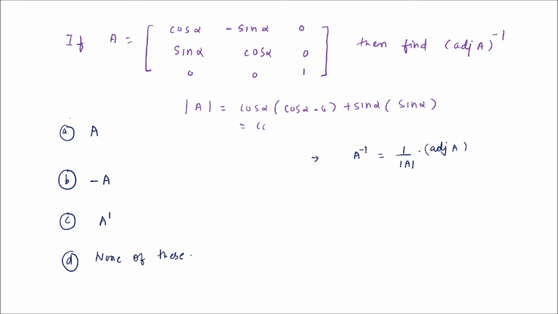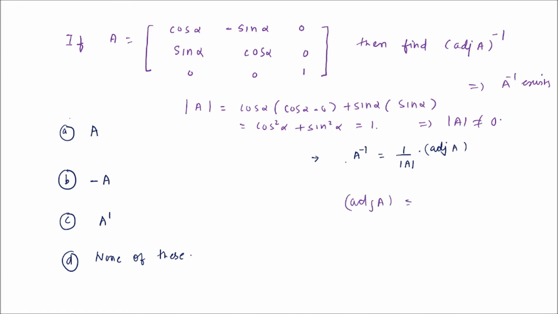So this is equal to cos square alpha plus sin square alpha, which is equal to 1. So this implies determinant of A is not equal to 0. This implies the inverse exists.